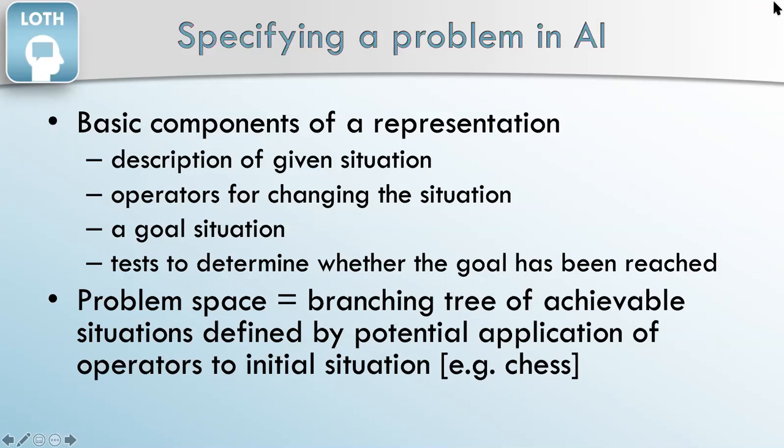So in artificial intelligence, when you want to specify a problem, you essentially need to specify the problem space. You need to figure out what kind of solutions are possible, what your goal is, and how to manipulate the current environment to get to that goal, which means you must be able to represent the current environment.